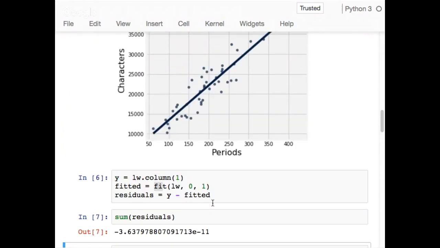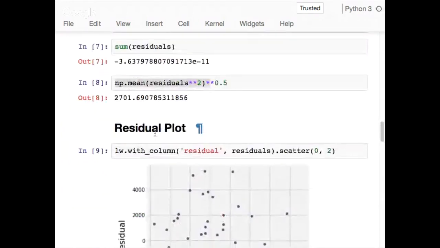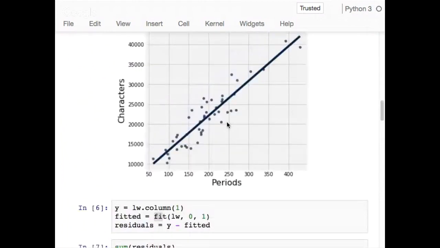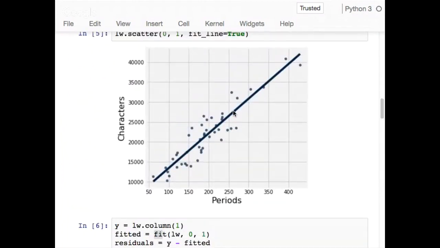But what we can do is take those residuals. If you look at this point right here, I have some distance. Maybe the distance is, it looks like, 10,000, 5,000, 5,000. This one right here is really close, so maybe this one is like 0 or 100. This one right here is maybe like 2,000 away. So I have some distances. Every single point has some distance from the line.